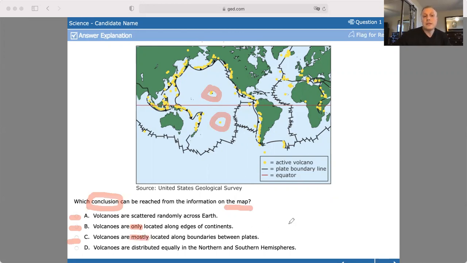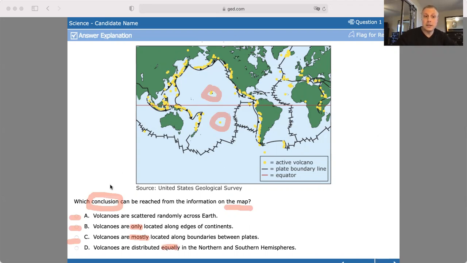And D says volcanoes are distributed equally in the northern and the southern hemisphere, which it's not, something that we can see here. Also, we see that in the northern hemisphere, it tends to be more of them than in the southern under the equator. So that equally makes a big assumption in the scenario here.